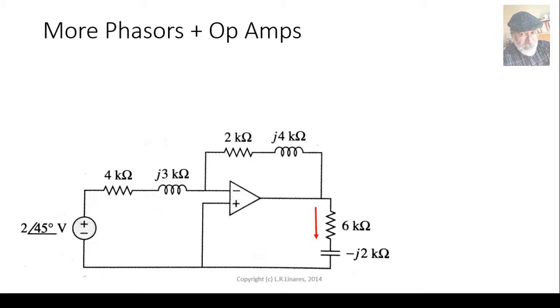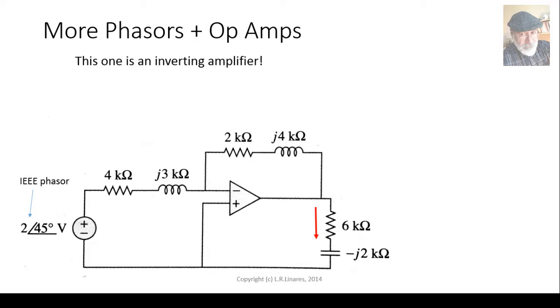And that amplifier is in the configuration that we have seen in 251. Observe, I am assuming that the phasor given for the voltage source is an IEEE phasor. That 2 is the RMS value of that voltage.